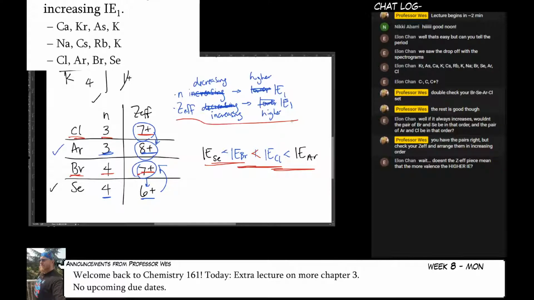And as a result, their distance isn't that much farther away from the nucleus. But the force that's pulling on them is much higher. So as Z effective increases, ionization energy goes up too. It's the same reason that radius decreases as Z effective increases.